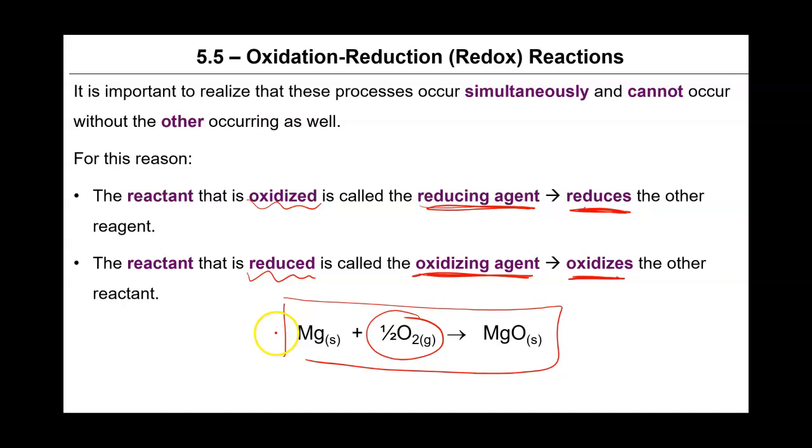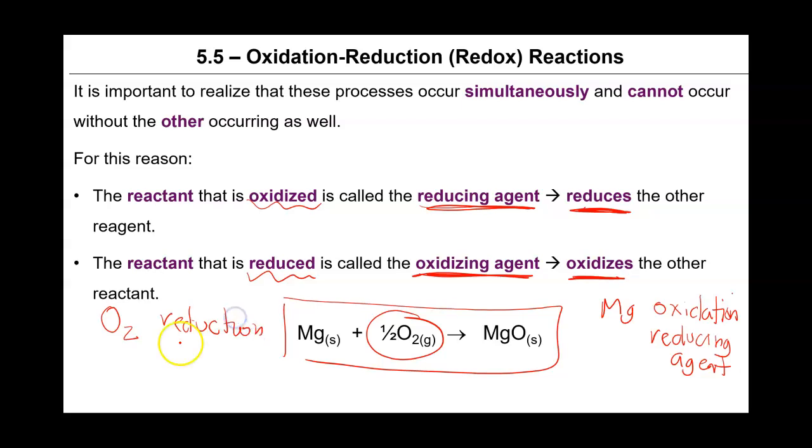So that's why we say that magnesium undergoes oxidation because it loses electrons, but it is the reducing agent. And similarly, O2 undergoes reduction, but it is the oxidizing agent. It's not too hard once you get used to the language.